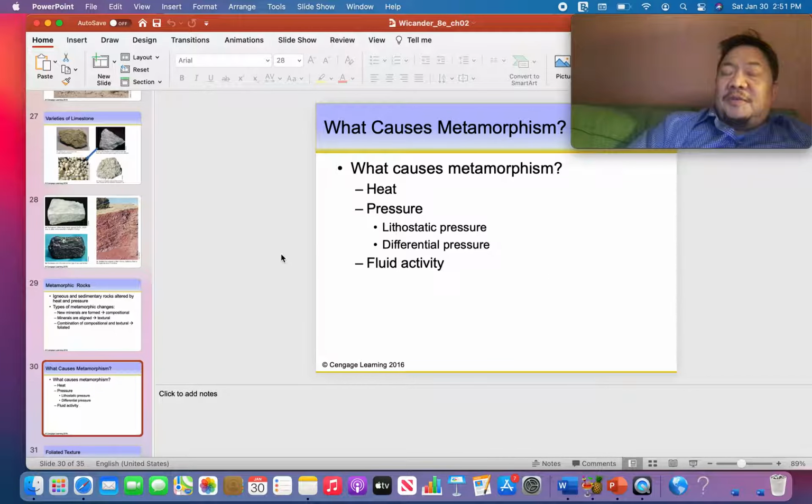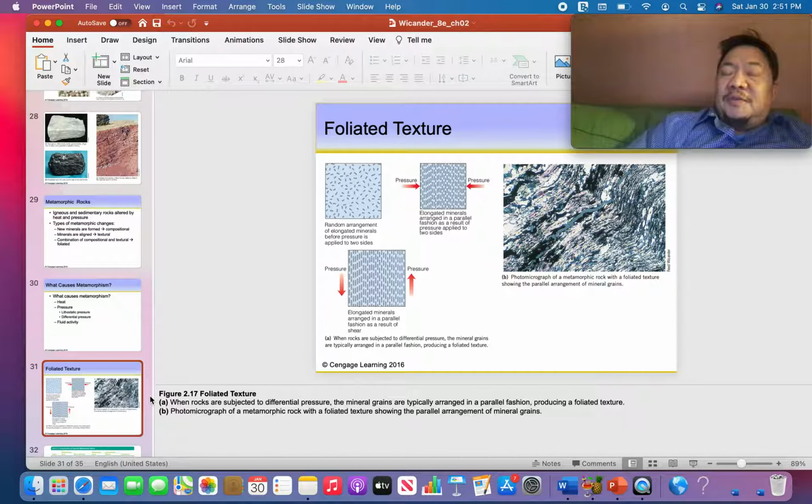Where do you think that change is going to occur? At the surface of the earth or beneath the earth? Think about it. As you go deeper in the earth, temperatures get higher, pressures get higher. So you're more likely to form metamorphic rocks deep underneath the earth. Sedimentary rocks are formed at the surface of the earth. Igneous rocks are formed originally deep under the earth where temperatures are high enough to melt rocks, to make magma.